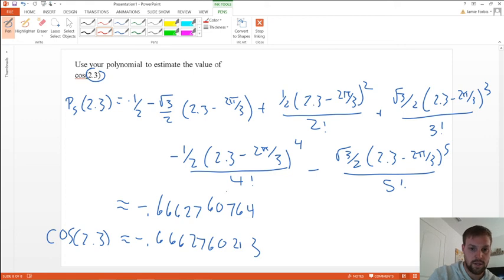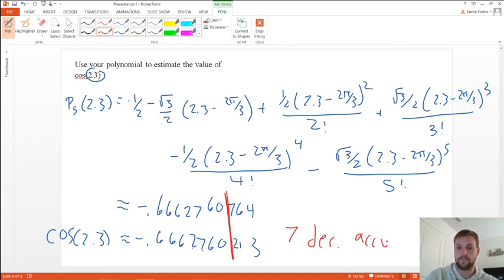Look at how close that approximation is, because the center was so close to the value we were approximating. And we went all the way to the fifth order. That's really far down the list. So that's a 7 decimal accuracy.